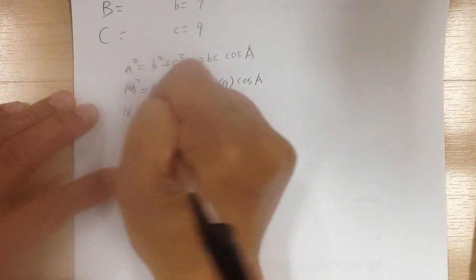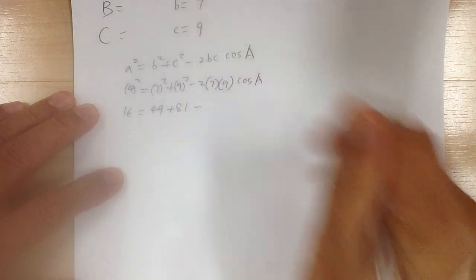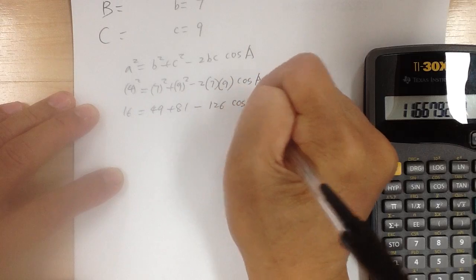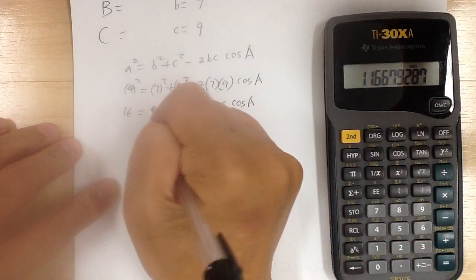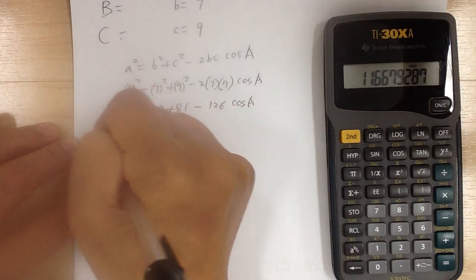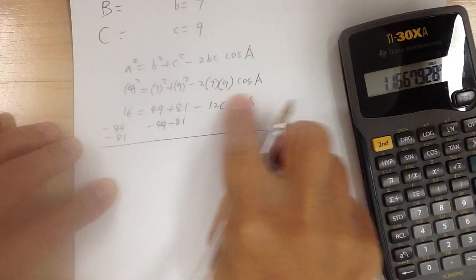So you've got 16 equal to 49 plus 81 minus 126 cosine A. Then you minus the 49 minus the 81. Now do not plus this, because this is together.